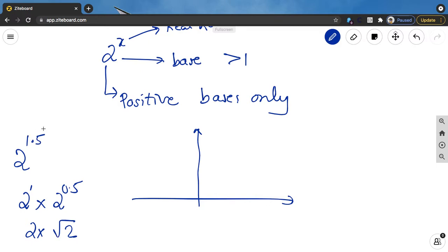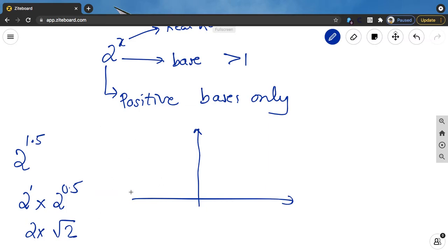So this idea of real numbers as an exponent means you are looking at not just the integer powers of a number, but also fractional powers, which means roots of the number. So that's how x is a real number.